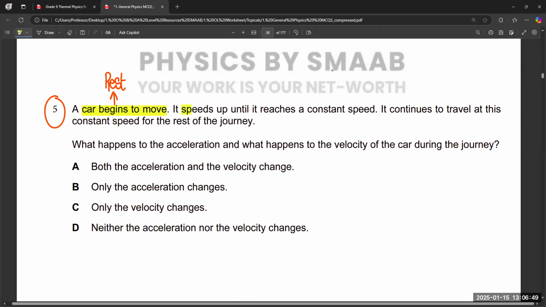It continues to travel at this constant speed for the rest of the journey. So what happens to the acceleration and what happens to the velocity during the journey? What do you think about acceleration? What do you think about the velocity of the car during the journey?